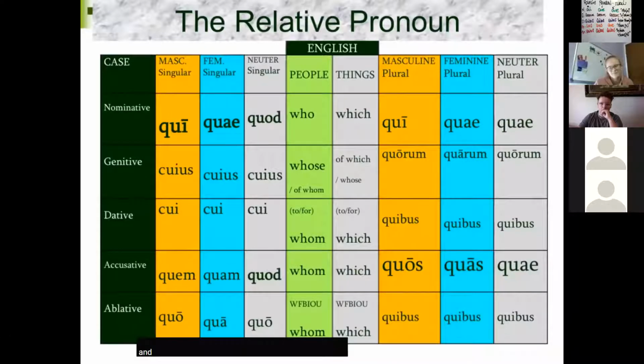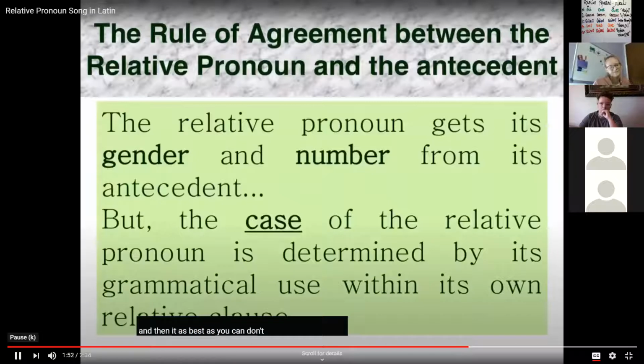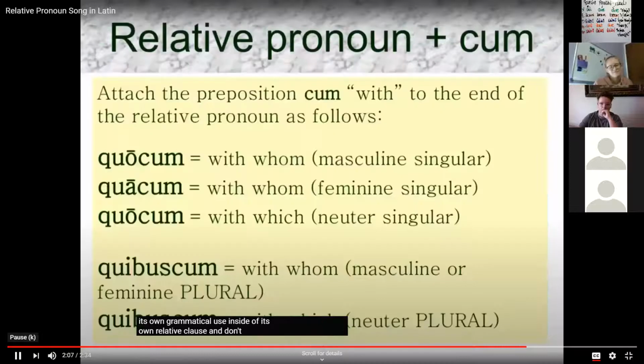Go home and learn it as best as you can. Don't forget the rule of agreement between the relative pronoun and its antecedent. The relative pronoun gets its gender and number from its antecedent, but the case of the relative pronoun is determined by its own grammatical use inside its own relative clause. And don't forget the relative pronoun with cum.